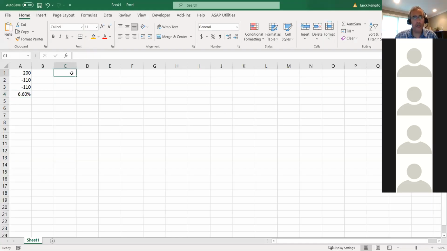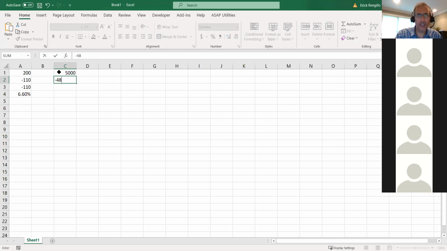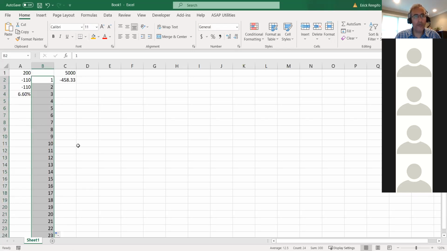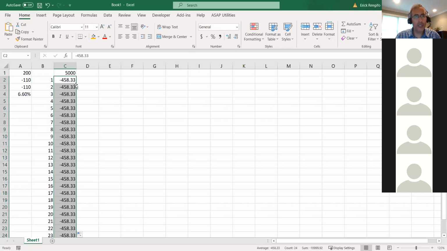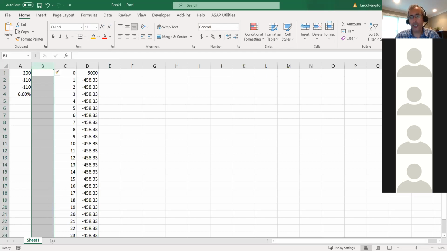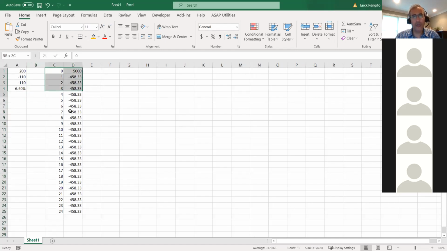My cash flow is going to be $5,000, and then negative $458.33 for 24 periods. The number is exactly the same each time. So this is the cash flow you are going to be working with. Is everyone clear that this is a cash flow? Yes.